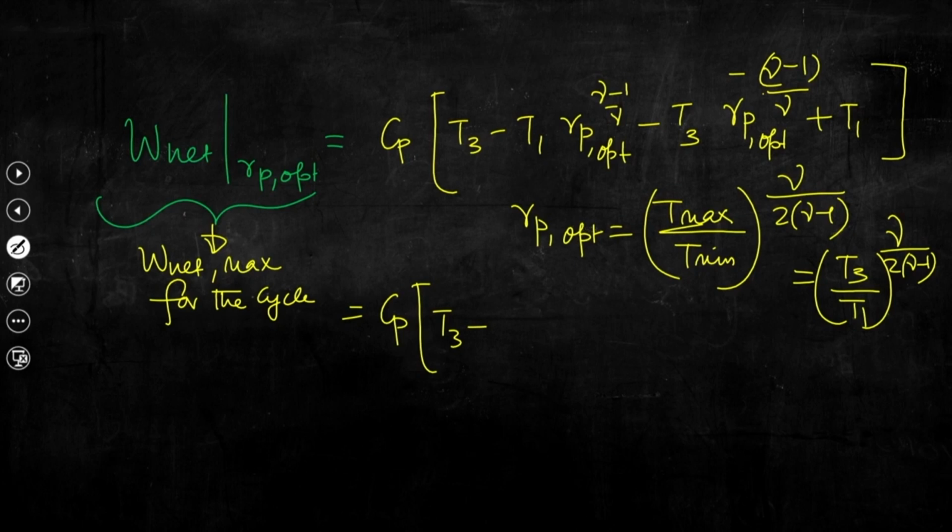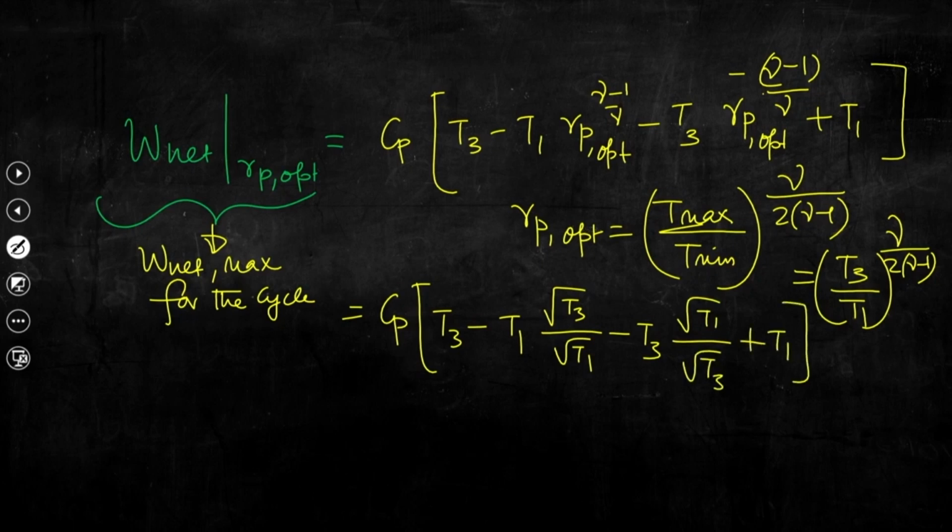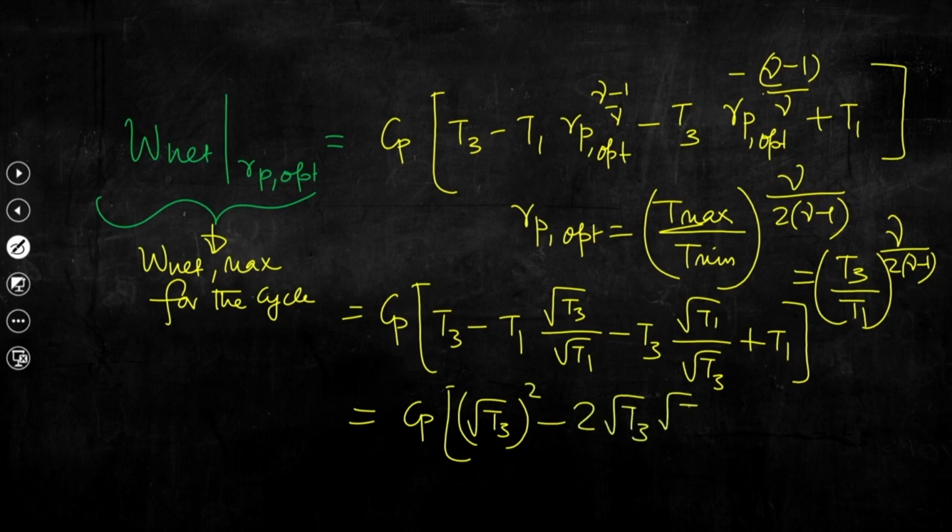So, if we write this, then what will we get? We will get T3 minus T1 into under root T3 by under root T1 minus T3, it would be minus T3 into under root T1 by under root T3 plus T1, and you can understand that it should be Cp into root T3 square minus 2 root T3 into root T1 plus root T1 whole square.